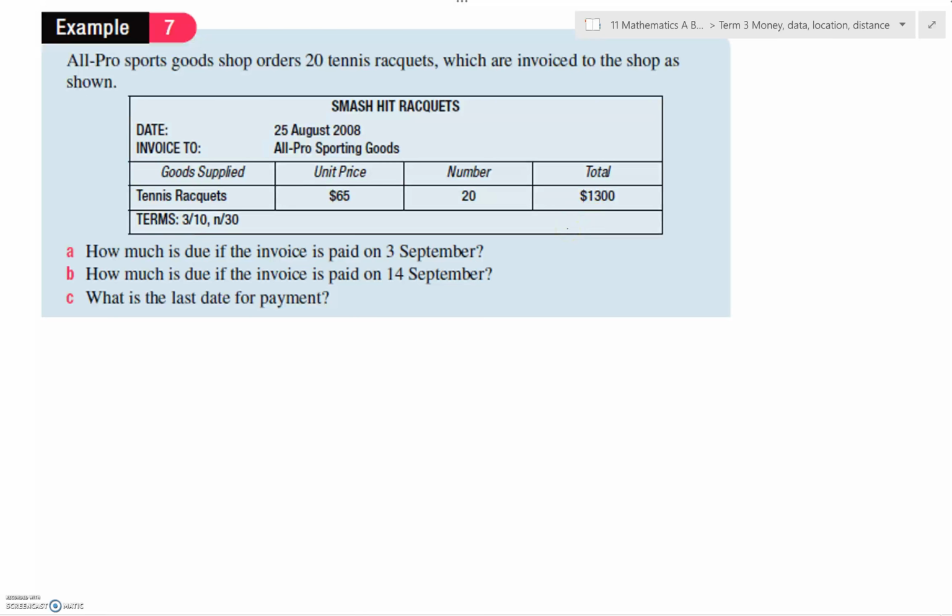And there's some terms or discounts or payment information, all those things mean the same thing, listed down the bottom here. So let's just quickly write what this means. 3/10 means if you pay within 10 calendar days, remember, you get 3% discount off the bill.